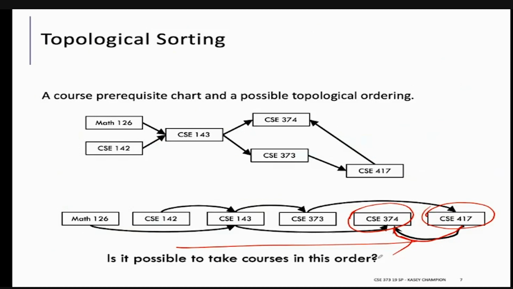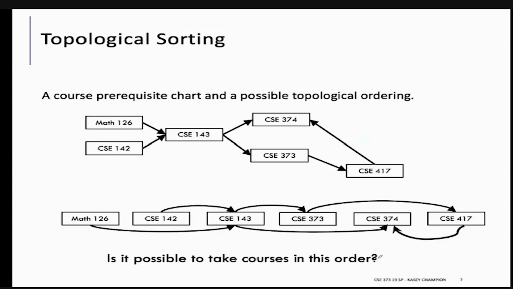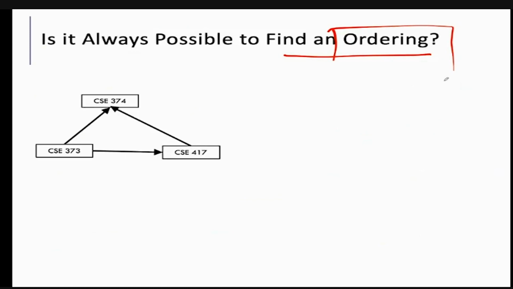Right? So now let's look. For example, in this graph, can we find an order, or is it not possible to find an order? We have to see that first before finding an actual order. So is it always possible to find an ordering so that it respects those dependencies? Let's see. For example, look at this figure.